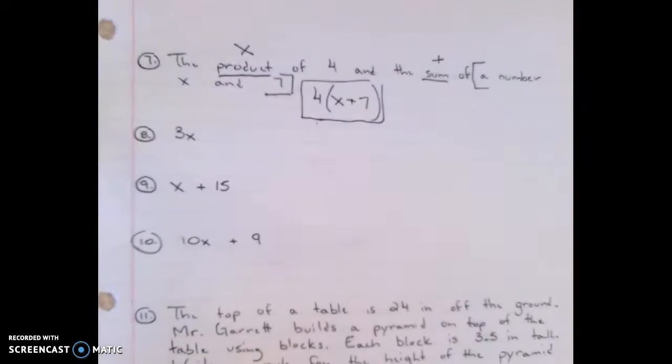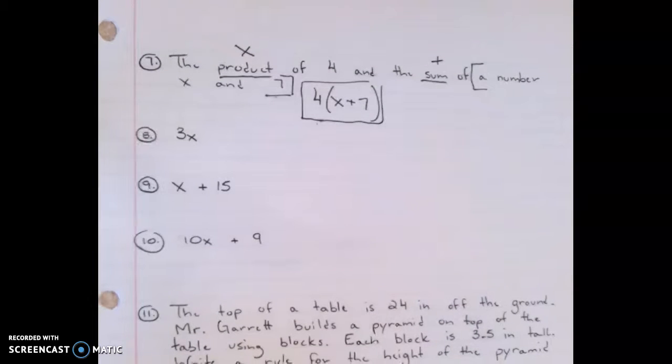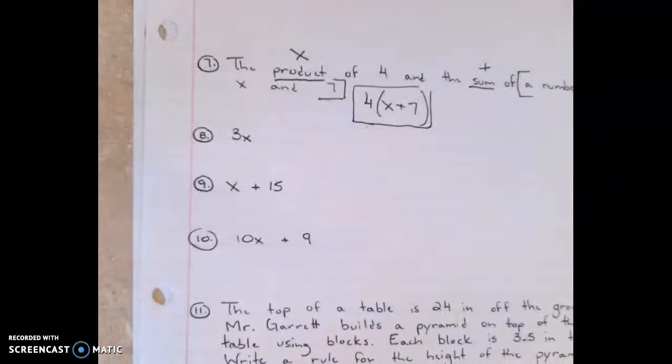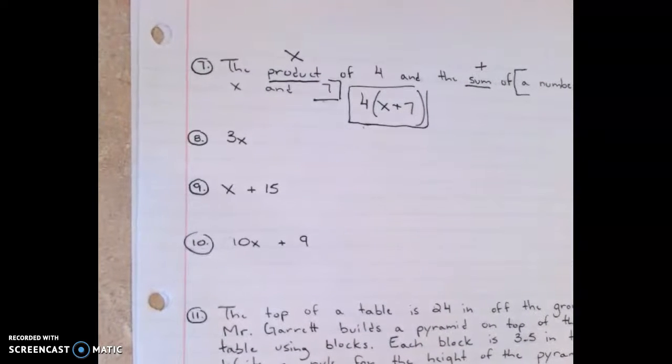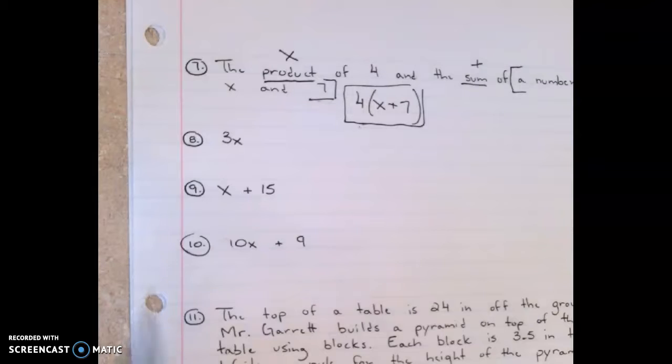Moving ahead, as we finish out this lesson, number 8, 9, and 10, notice the expression is given. We don't have any words, and that means we need to put these into word form. So for number 8, I have just 3 and x.